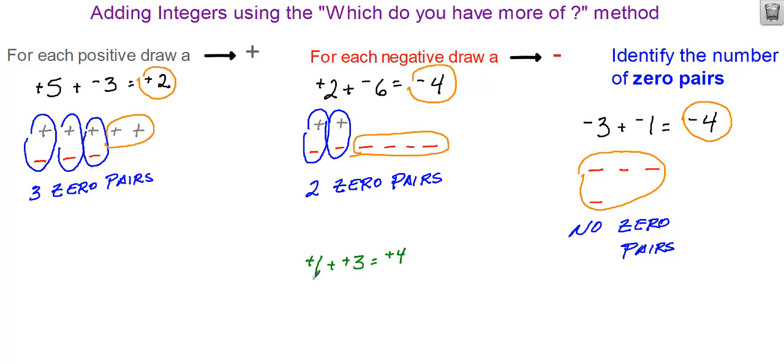That would be a positive and then 3 more positives, everything is positive, and you would have no zero pairs. So anytime you're adding 2 of the same thing, 2 positives or 2 negatives, you're going to end up with no zero pairs.